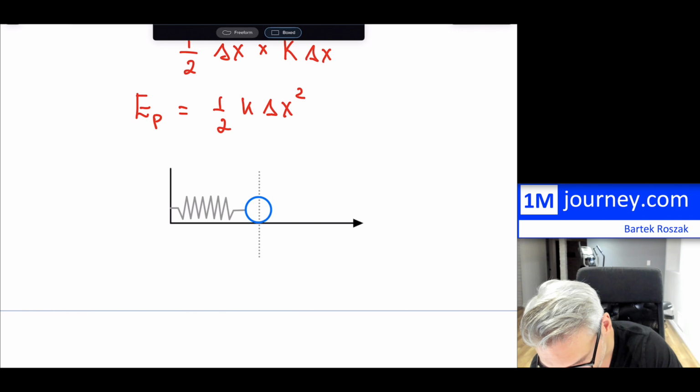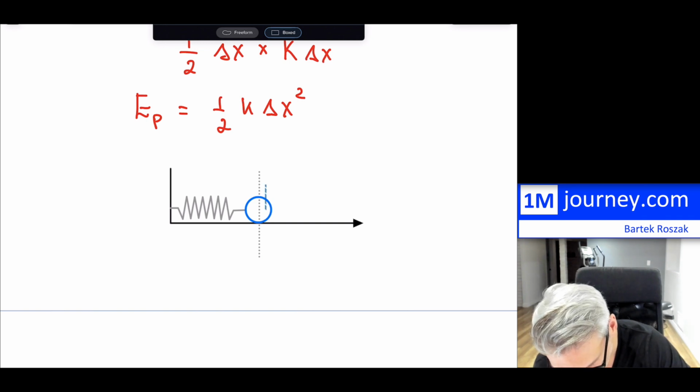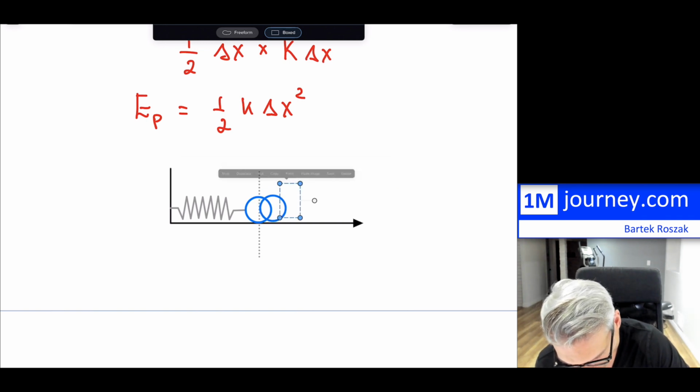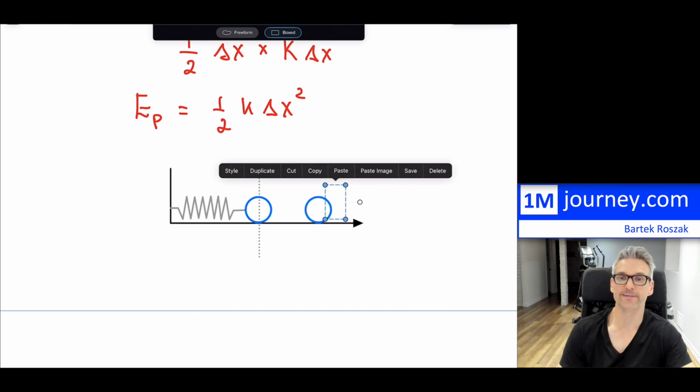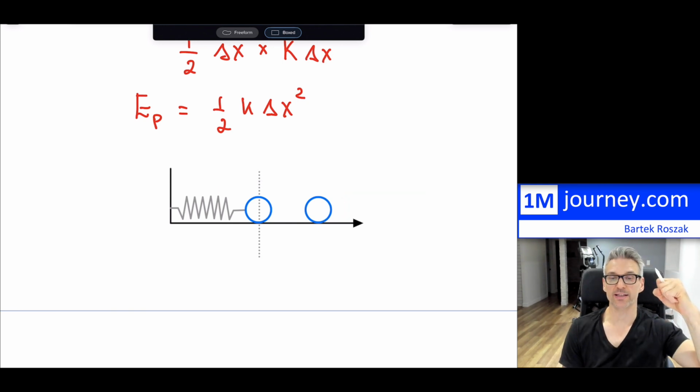So if you take this and stretch it out, it's going to get to a certain point. Now, if you let it go, in the beginning it will have a certain amount of elastic energy. As you let it go, that elastic energy will start to transfer into kinetic energy.